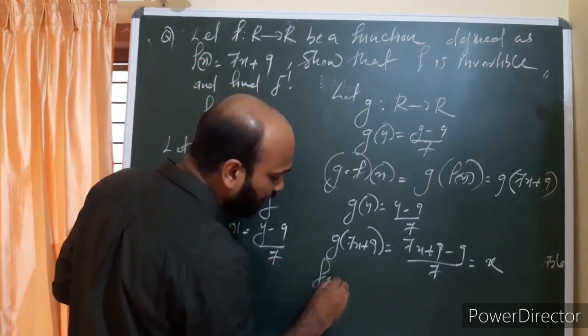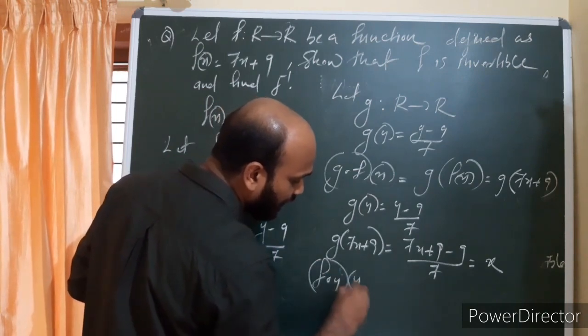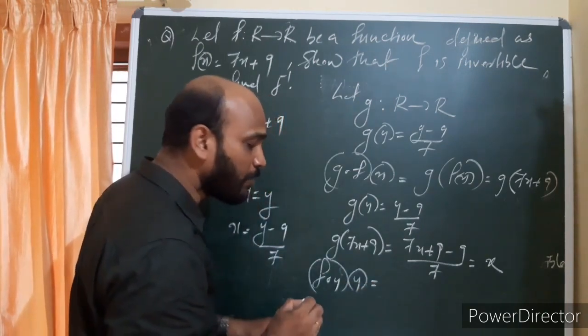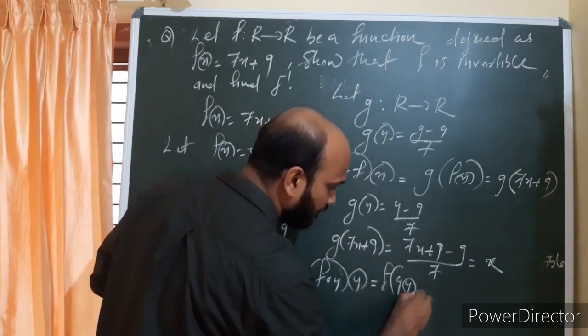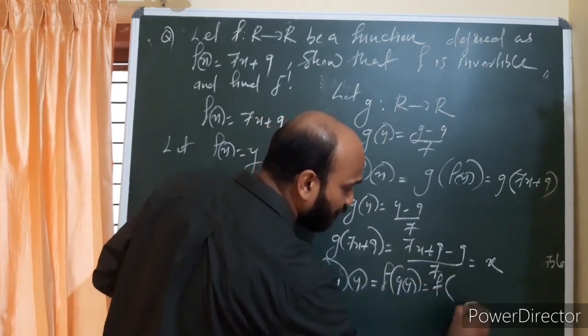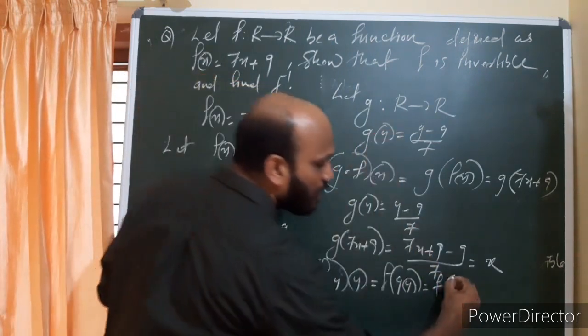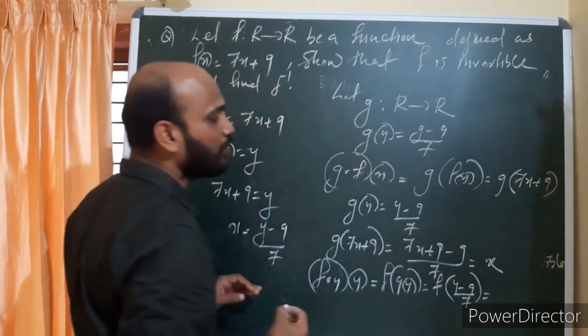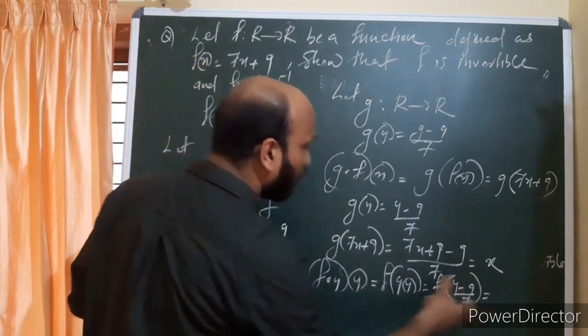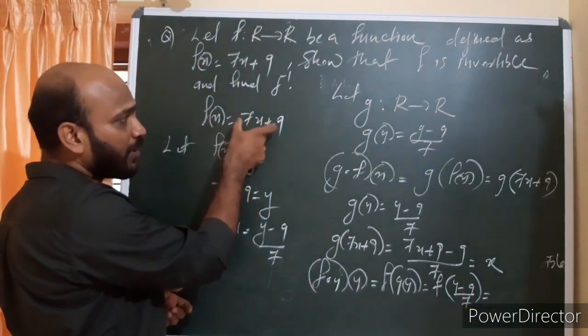Now we want to find f of g of y. f of g of y should be equal to y. So we will use the definition: f of g of y equals f of (y minus 9) by 7. Now we have to use f of x equals 7x plus 9.